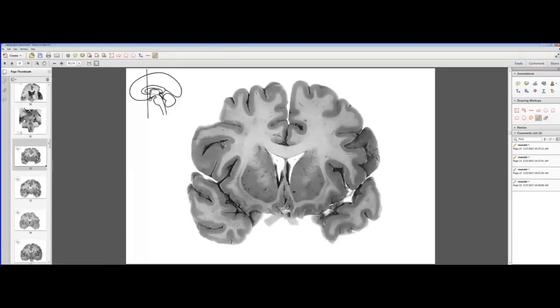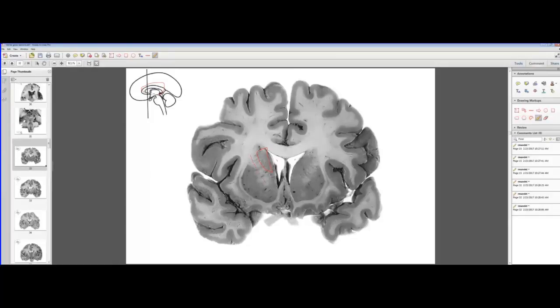The caudate nucleus here is always lateral to the lateral ventricle, even down into the temporal horn. It follows around the lateral wall of the lateral ventricle. It's what we call a C-shaped structure. It goes all the way around like this, and I'll show you examples of that.